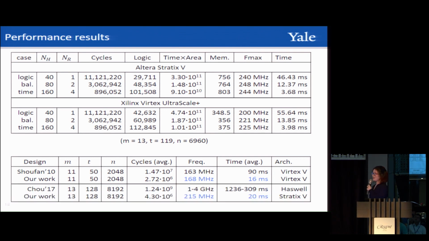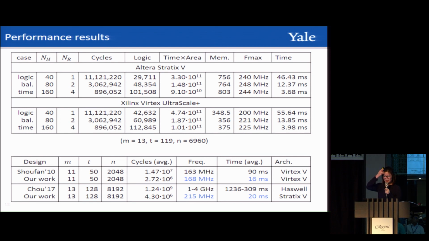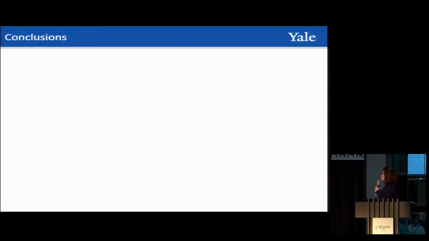I also compared my design with Tony's work, which he just presented. And as you can see, although our FPGA runs at a much lower frequency, since we need much fewer cycles, finally we can actually find that our FPGA design is very competitive, even compared with the fastest C implementation.